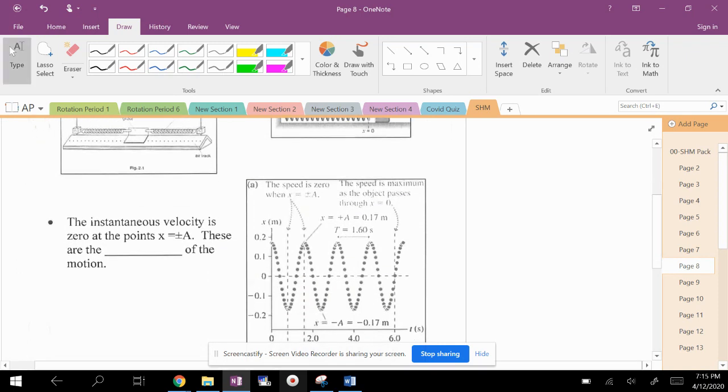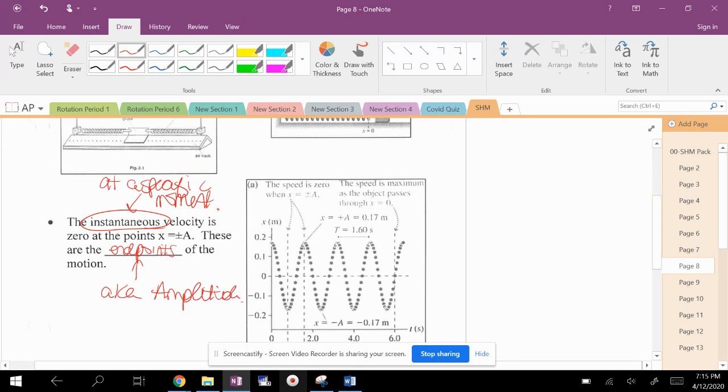So it says the instantaneous velocity, and don't forget, instantaneous velocity is at a specific moment, is 0 at the points positive and negative A. These are the endpoints of the motion, aka amplitude.